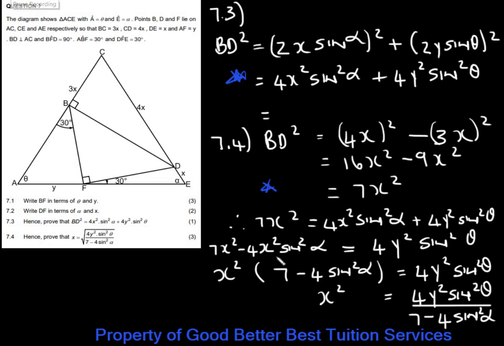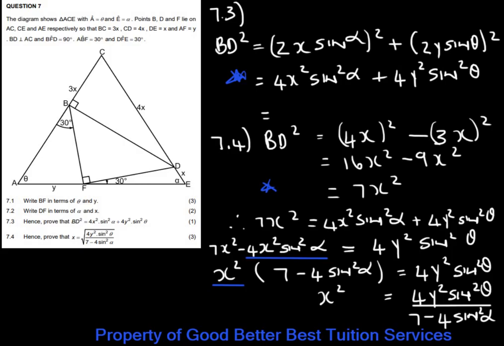What I need to do now is take the 4x squared sine squared alpha over to the left hand side. Why? Because I can see that there's a possibility of taking out a common factor. So if I take out the x squared, I'm left with 7 minus 4 sine squared alpha, and I can divide by that to get x squared is equal to 4y squared sine squared theta divided by 7 minus 4 sine squared alpha.